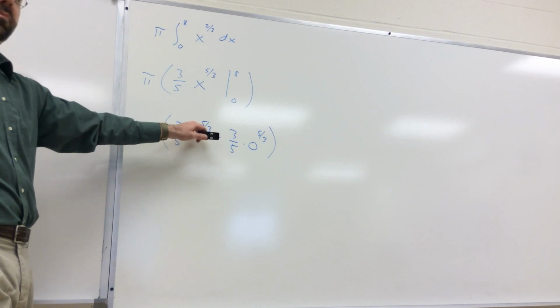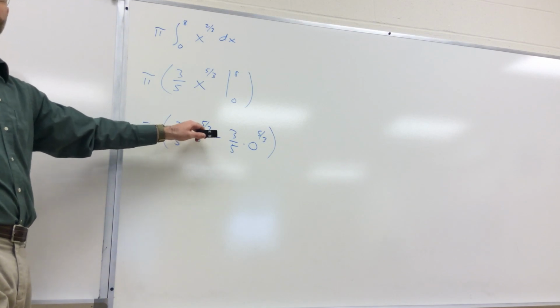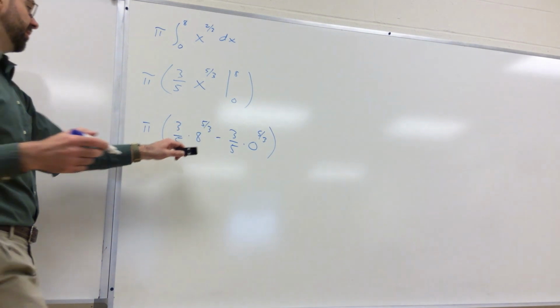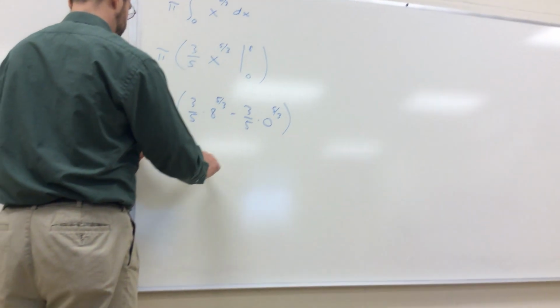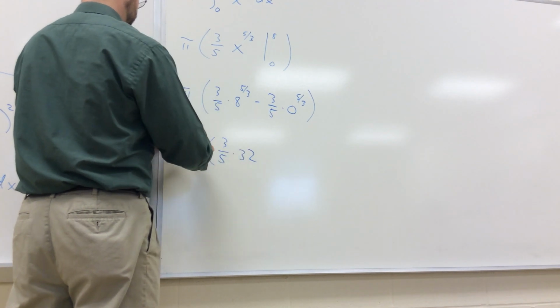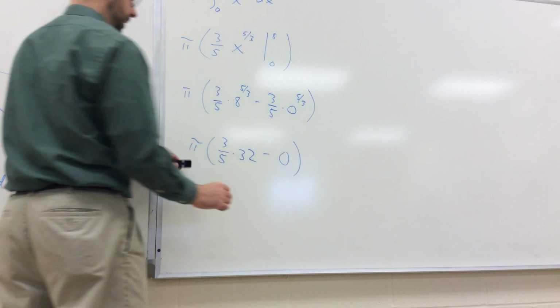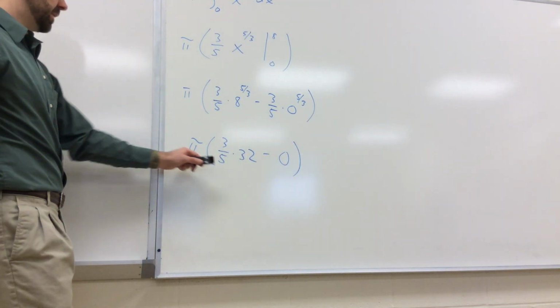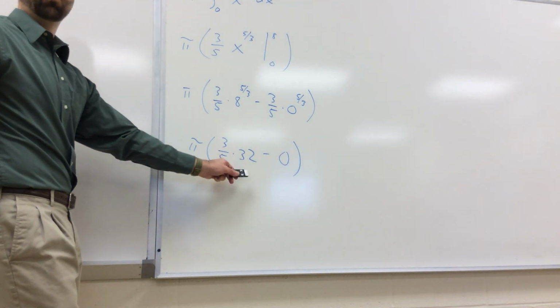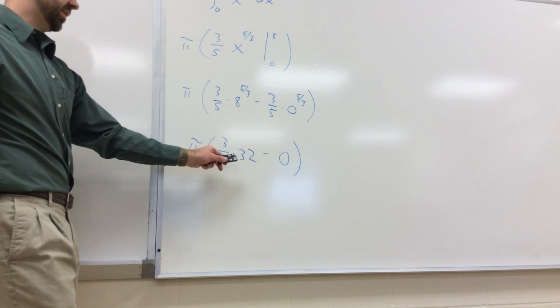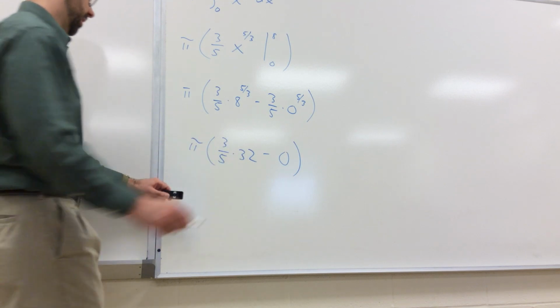Then you take 2 to the 5th power. So 2 times 2 is 4, times 2 is 8, 16, 32. So 2 to the 5th is 32, so this is 3/5 times 32. 0 to the 5/3 is 0. And then that's 32 over 1, right? So 96 pi over 5 is the final answer.